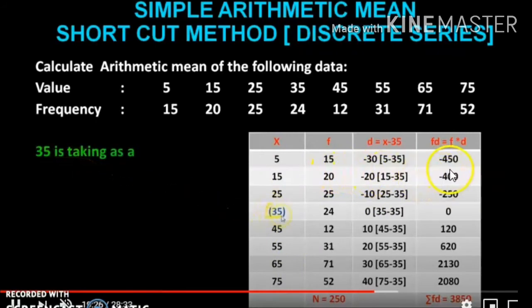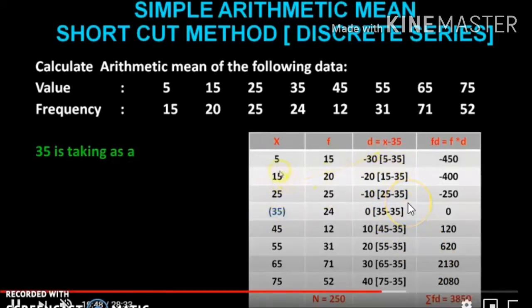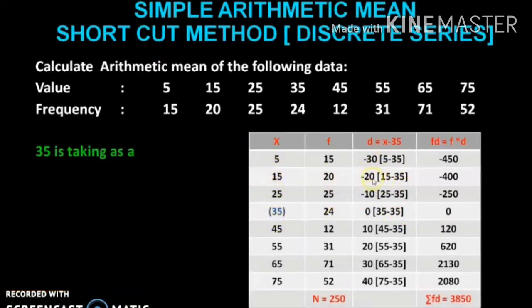So you will be getting 450, 400, 250 like that. And 0 here, then 120, 620, 200, and 2130, 2080. Then next you have to find the total, that is sigma fd is equal to 3850, and here sigma f or n is equal to 250.